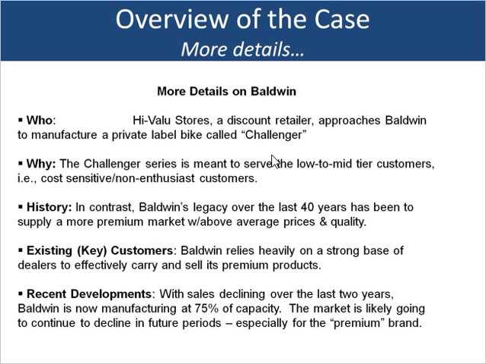The other big insight here is Baldwin is only operating at 75% of capacity, so to them it's like, wow, it's an interesting opportunity in a new market. We are not even fully utilized in terms of our factory.